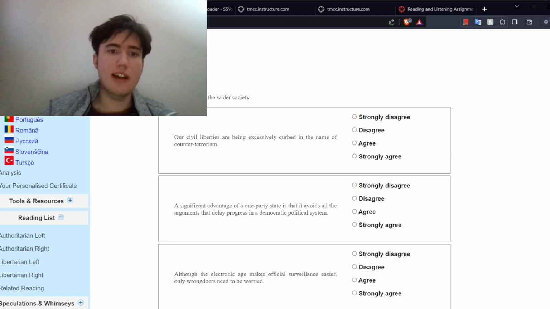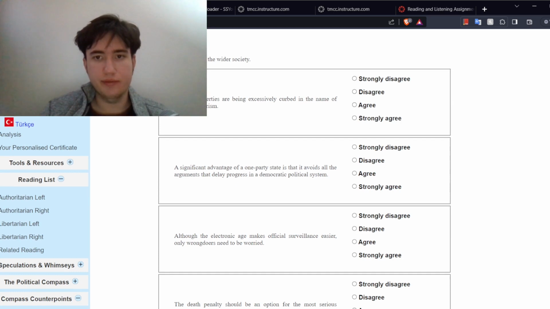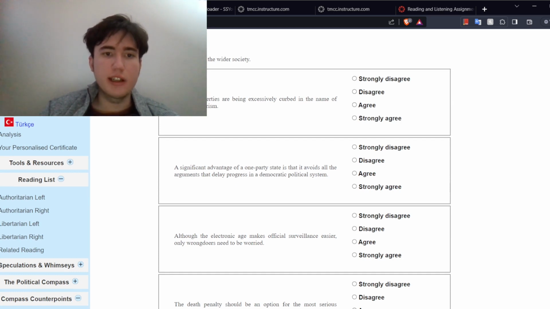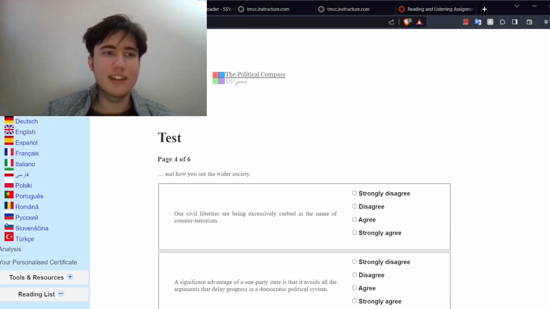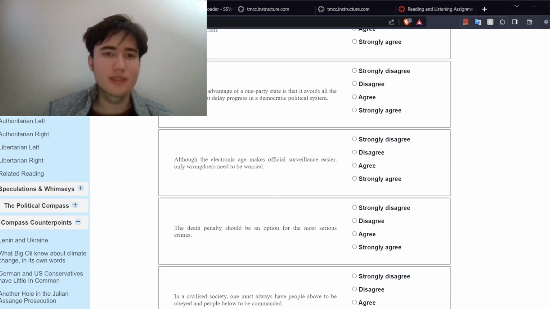So now it's asking how I view the wider society. Our civil liberties are being excessively curbed in the name of counterterrorism. See, this is a very current day thing. Like, this was done in 2001. I mean, come on.